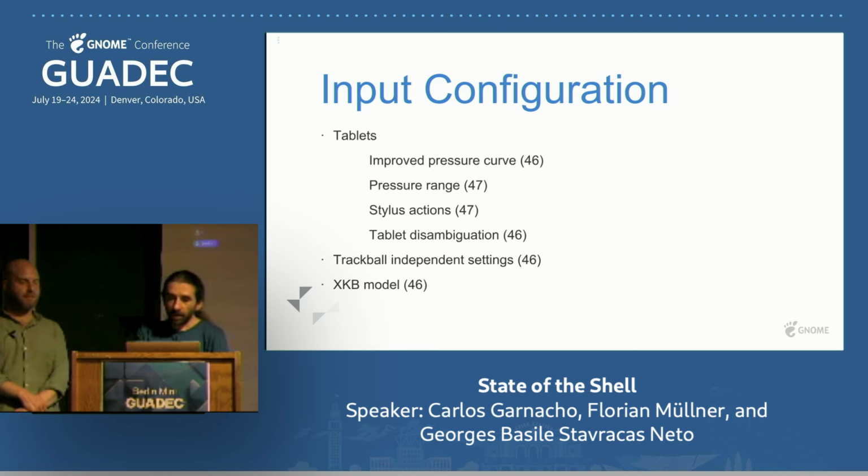There's also pressure range support. Besides the pressure curve, in some devices there is a topmost pressure that you can apply that could actually physically break the device. So the users would like to narrow that.